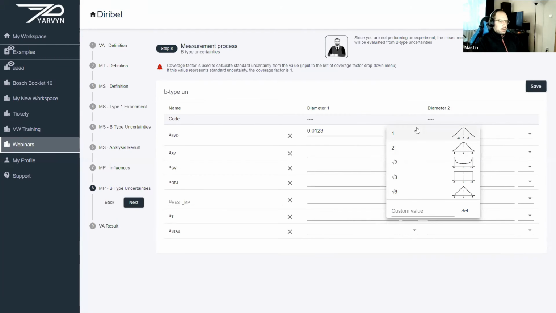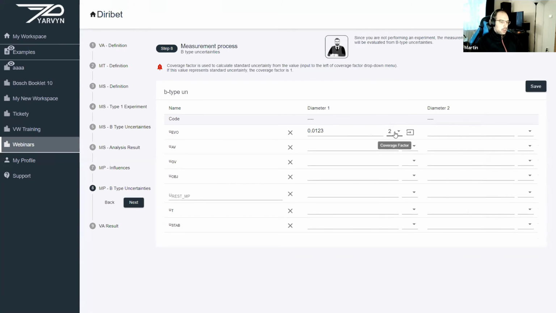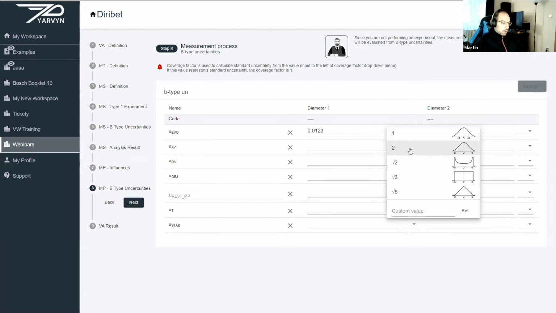The coverage factor equal to 1 means that this number represents the standard uncertainty. If the number is uncertainty that is expanded by the factor of 2, you will choose the second one, for example if this uncertainty came from some kind of calibration protocol.